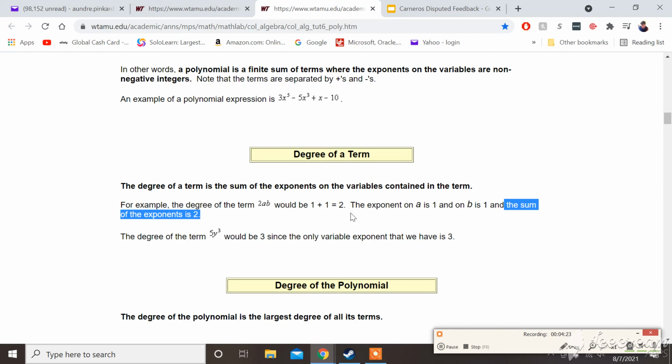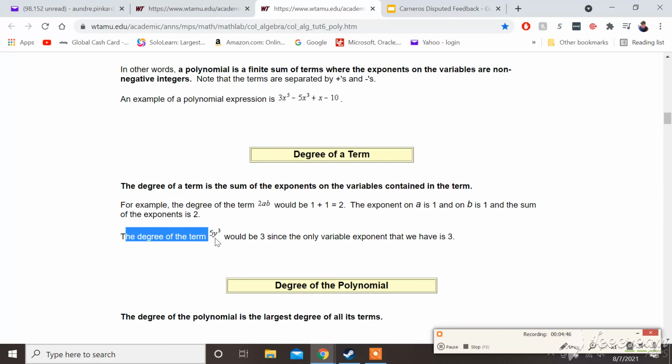Put together, 2. Degree of the term: the sum of the exponents on the variables. A and b are the variables.